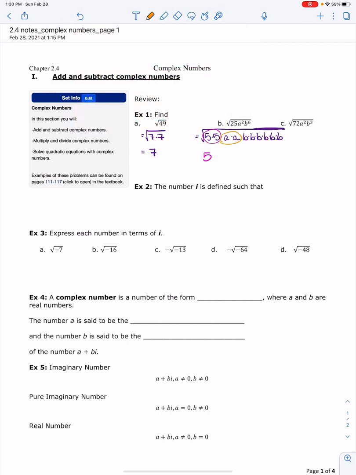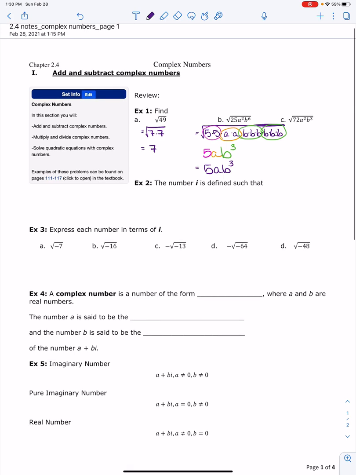I've got A times A. And then I'm going to look at the B's. I've got 3 B's here and 3 B's here. I get B to the 3rd. 5 times A times B to the 3rd.